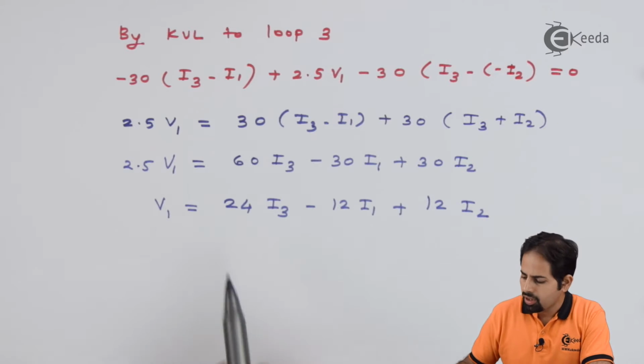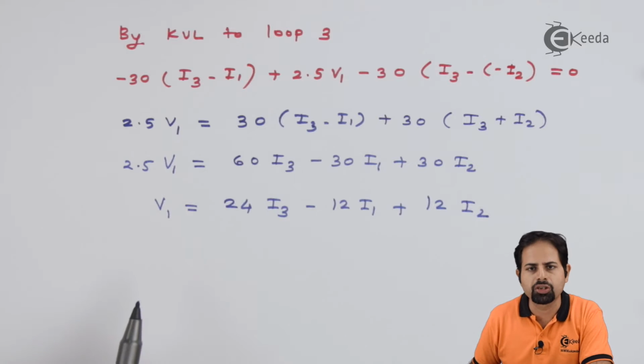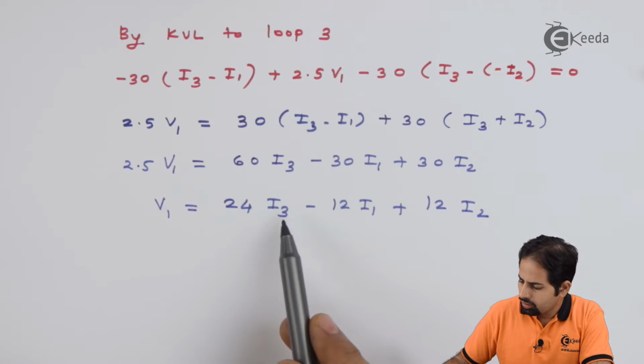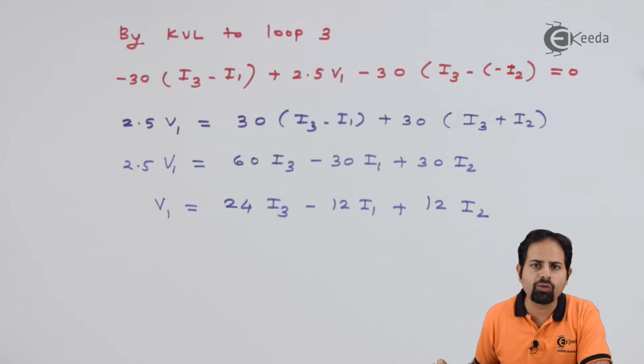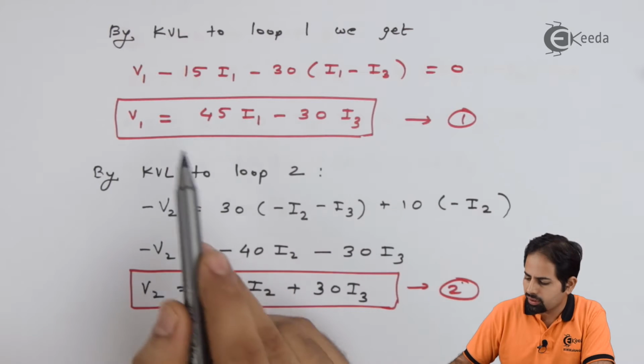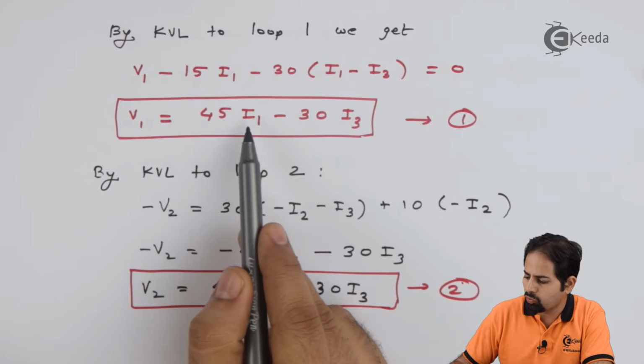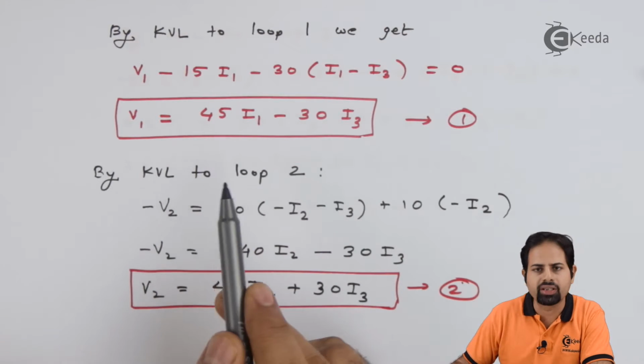So here we have got this V1 equation now. Now this V1 equation has I3, I1 as well as I2. We have got one more equation of V1. If you see this equation number 1, here also we have V1 equal to 45 I1 minus 30 into I3.